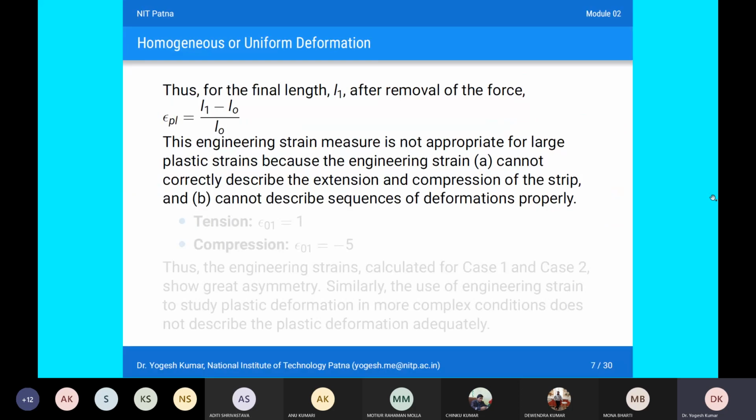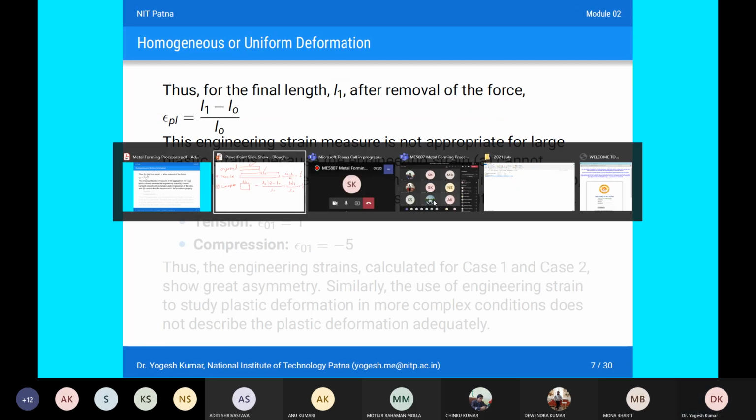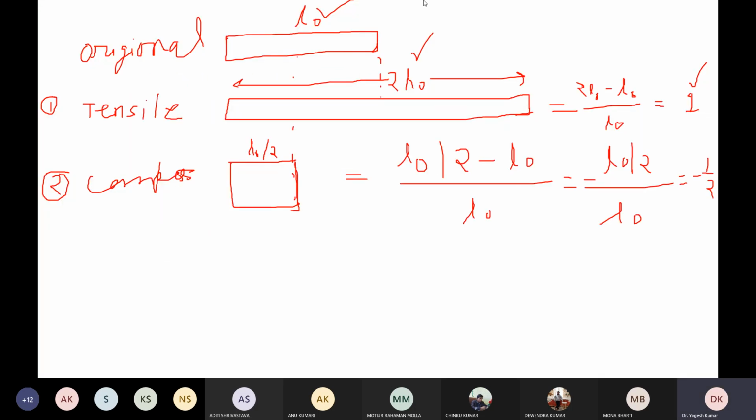Let's try to see it. Here we can see that in the case of the tensile test, the tensile strain is coming 1 for the given ratio of length elongation.